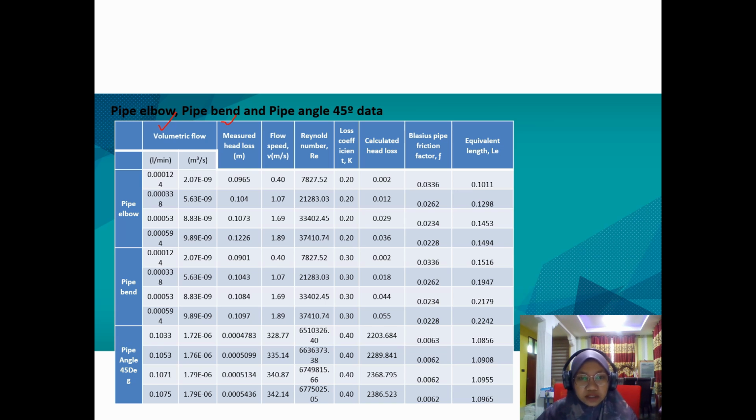The calculated head loss here is quite different from the straight pipe, where we use the formula H equal to K V squared over 2G. K here is defined as the loss coefficient, and the Blasius pipe friction uses the same formula.